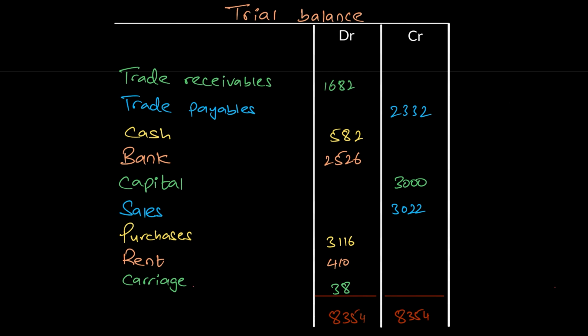which means that the total of the debit side is equal to the total of the credit side. This is also an arithmetical check just to see if we've made any mistake in our ledgers. But the trial balance will now be used to prepare your financial statements. Okay, one thing to note about your trial balance.